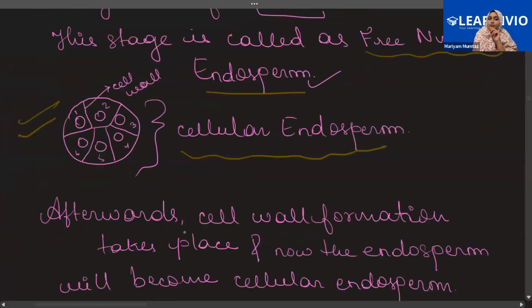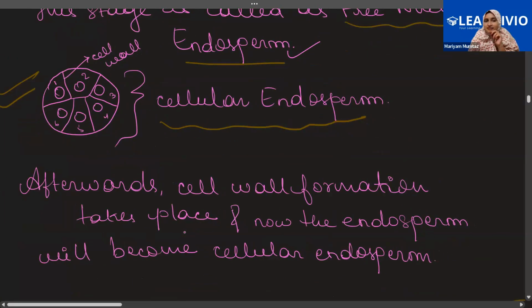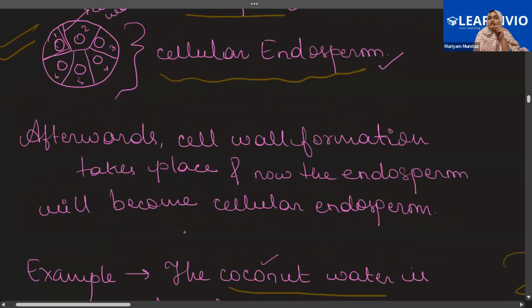But when the walls are laid down, see how? Now we have separate cells. So this is cellular endosperm. Cellular refers to cell production or the formation of cells. Afterwards, cell wall formation takes place, and now the endosperm becomes cellular endosperm.